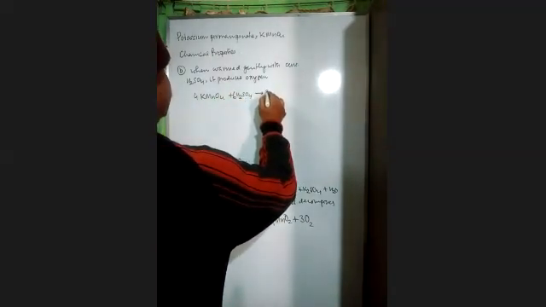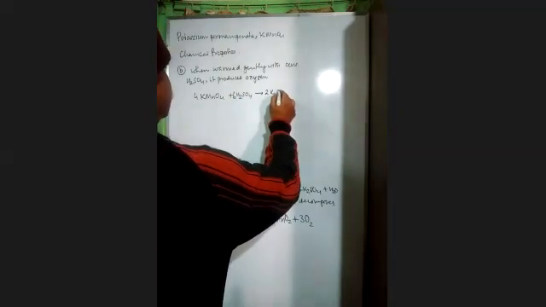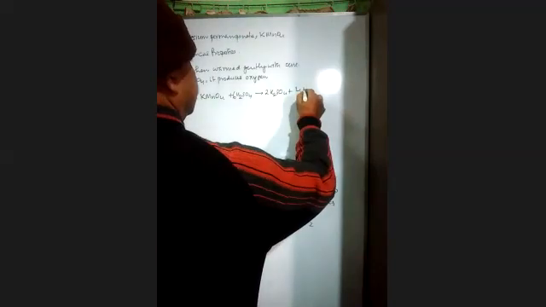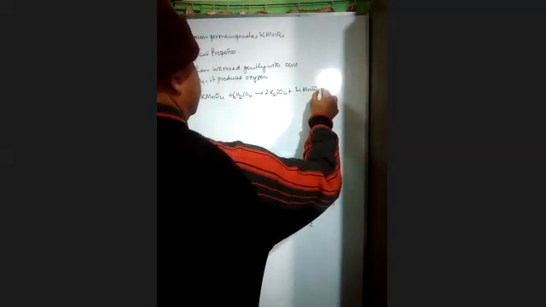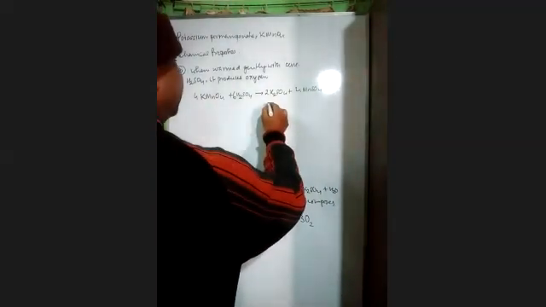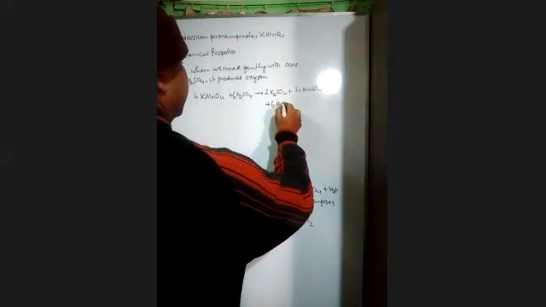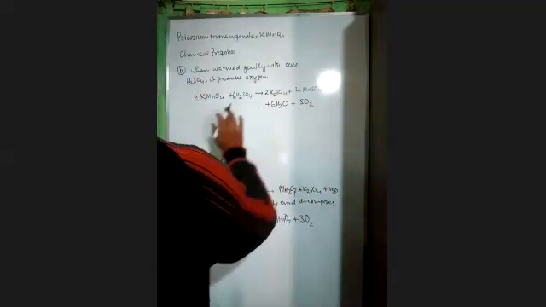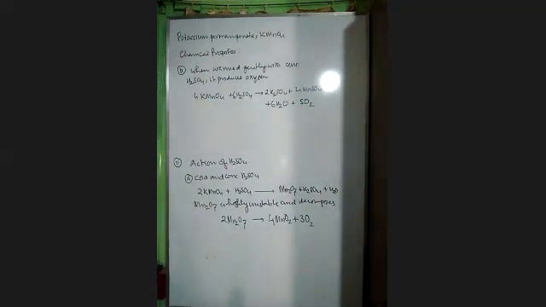It will give you 2 potassium sulfate, 4 manganese sulfate, 6 H2O and 5 oxygen. This is there in our book. But I don't know whether this is there or not.